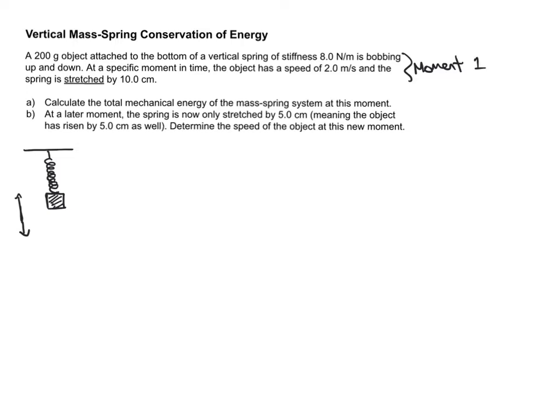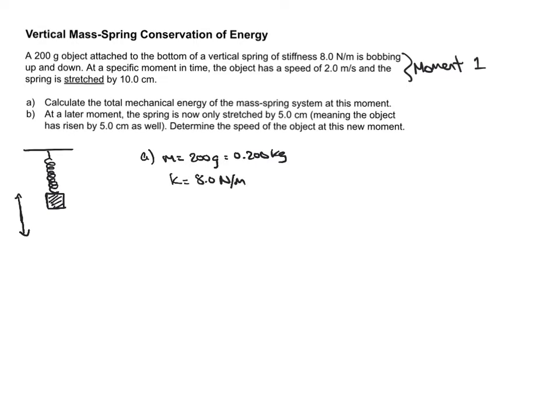So part A, calculate the total mechanical energy at this moment. Now I'm given the mass of the object, 200 grams, which needs to be changed to kilograms for SI units. We're given the spring constant, 8 newtons per meter.